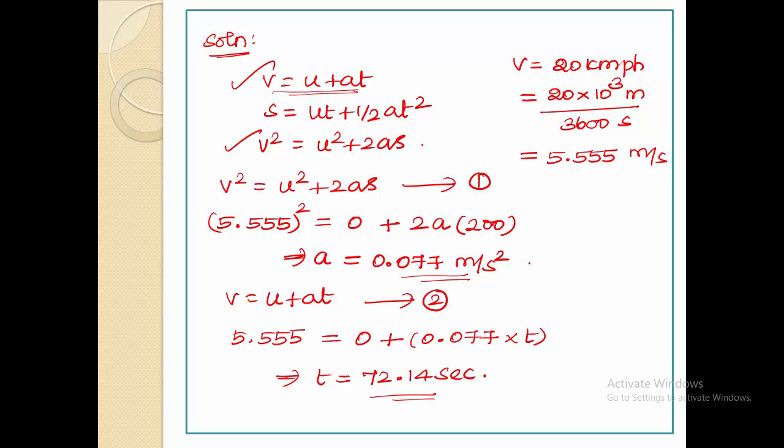Now we can use the formula v equals u plus at, because here we know the initial velocity, final velocity and time period. In this equation, the one and only unknown variable is acceleration.